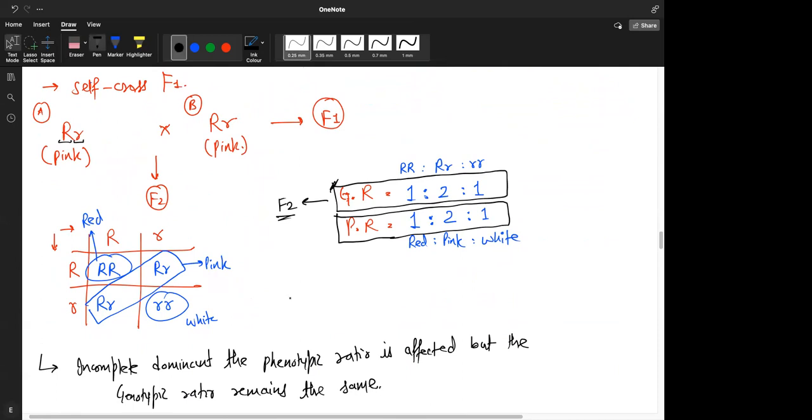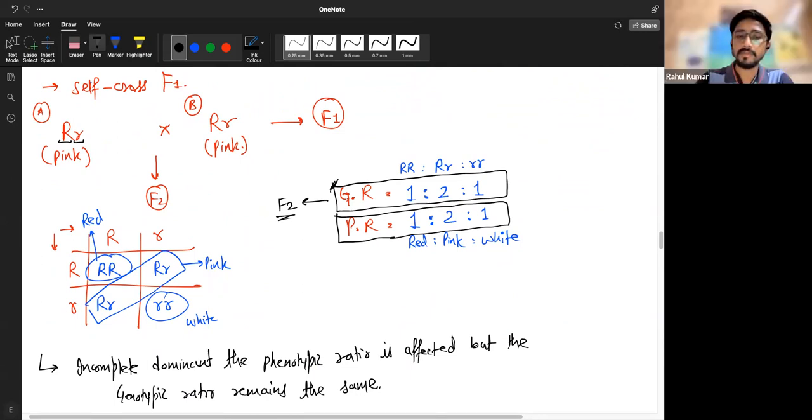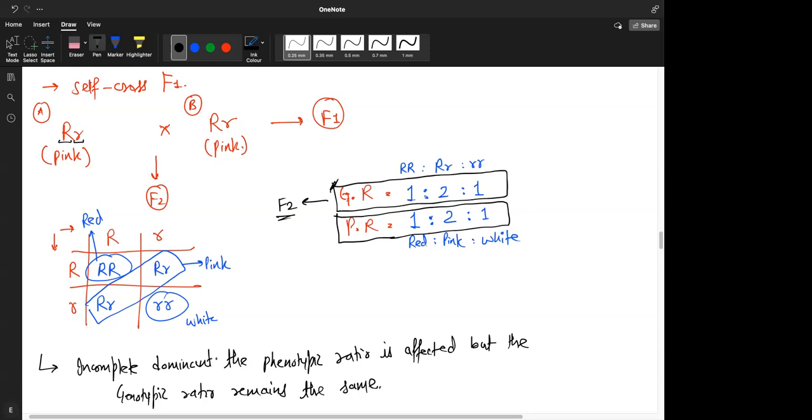Genotypic ratio stays the same. So I also told you, in incomplete dominance, the phenotypic ratio is affected, but the genotypic ratio remains the same.